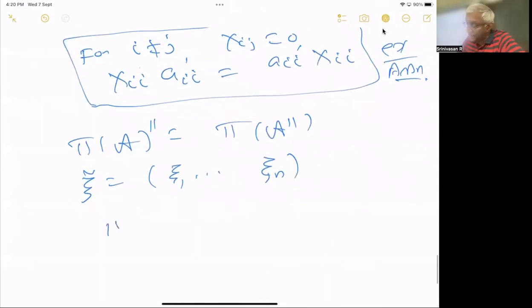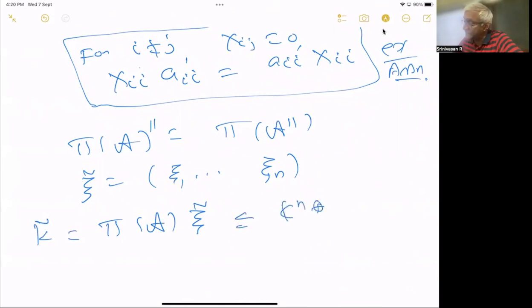Now I can consider pi of A acting on this xi tilde, which I call k tilde, contained in Cn direct sum up to Cn. Now everything is happening in the amplified Cn, which is Cn tensor Cn basically.